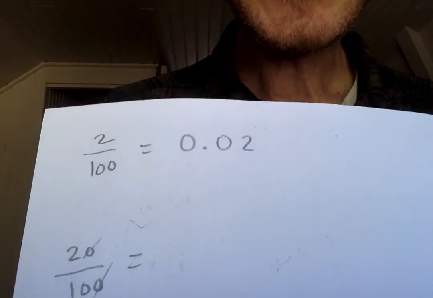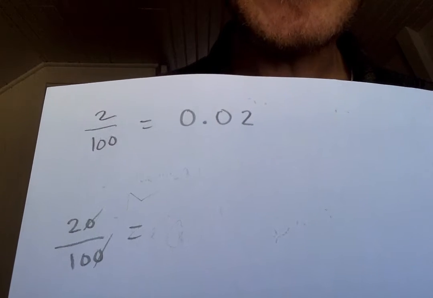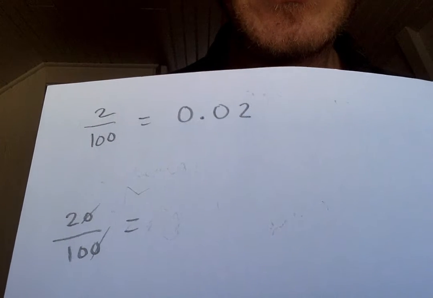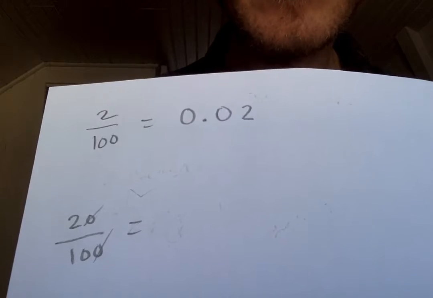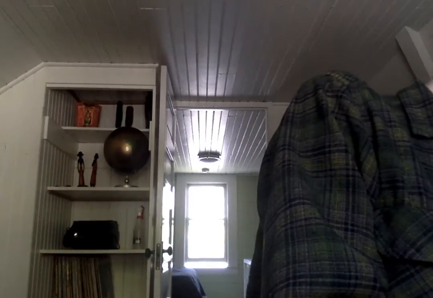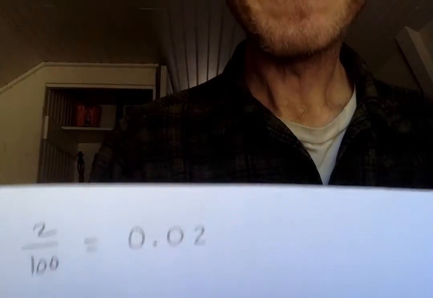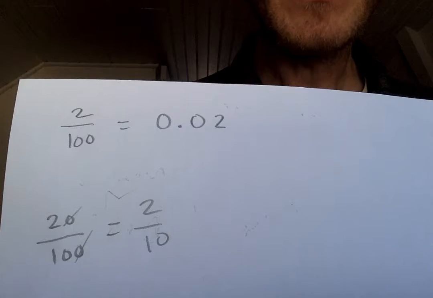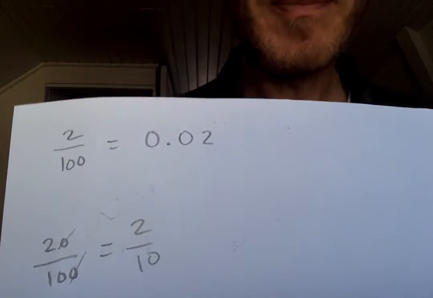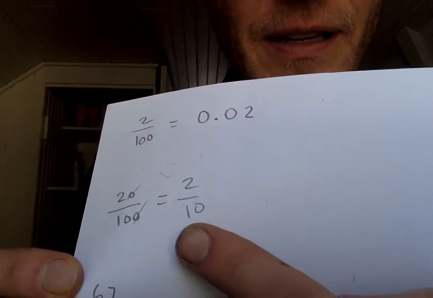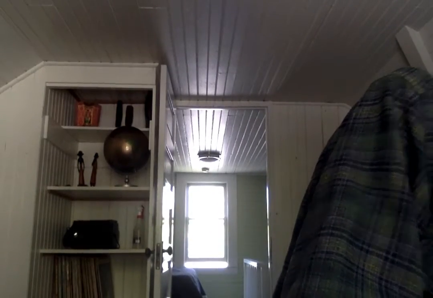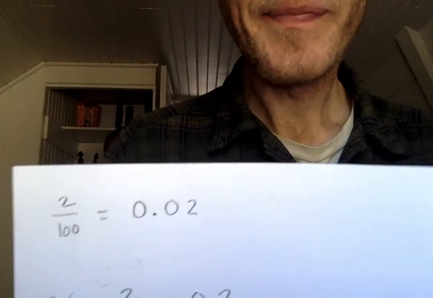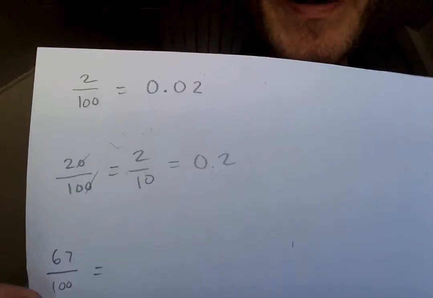You don't need all that stuff because 20 hundredths is the same as 2 tenths. 20 cents, same as 2 dimes. So if you're looking at 2 tenths, that's just going to be 0. How many tenths? 2. So 2 in the tenth spot. Just like that.